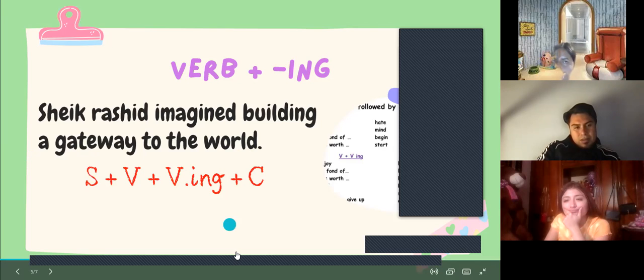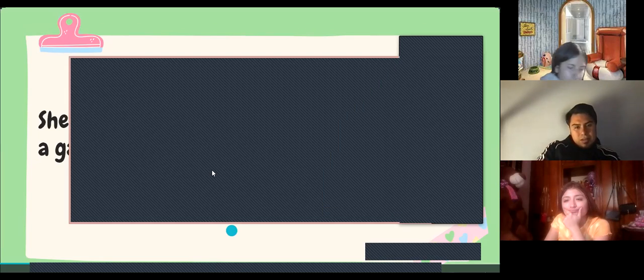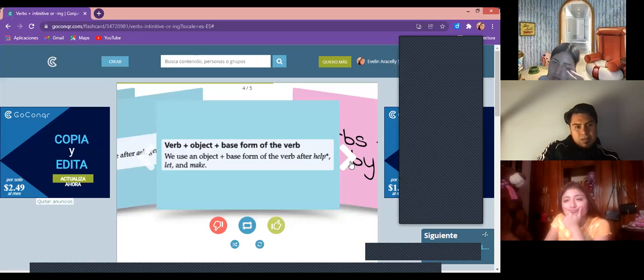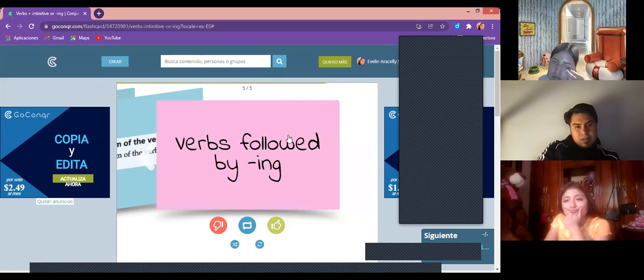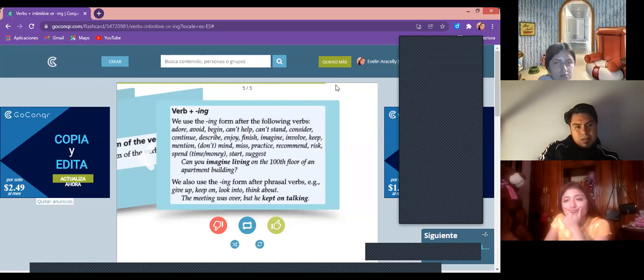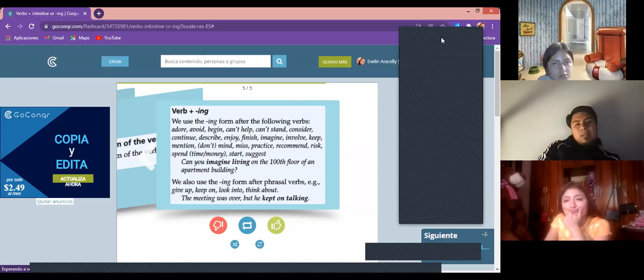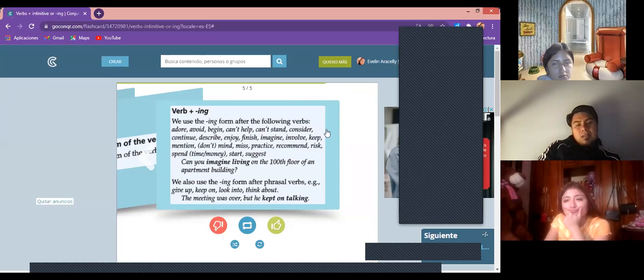So now I am going to share also another flashcard with the verbs that are followed by ing. Okay, let's see. Here we have a long list of verbs that are followed by ing.